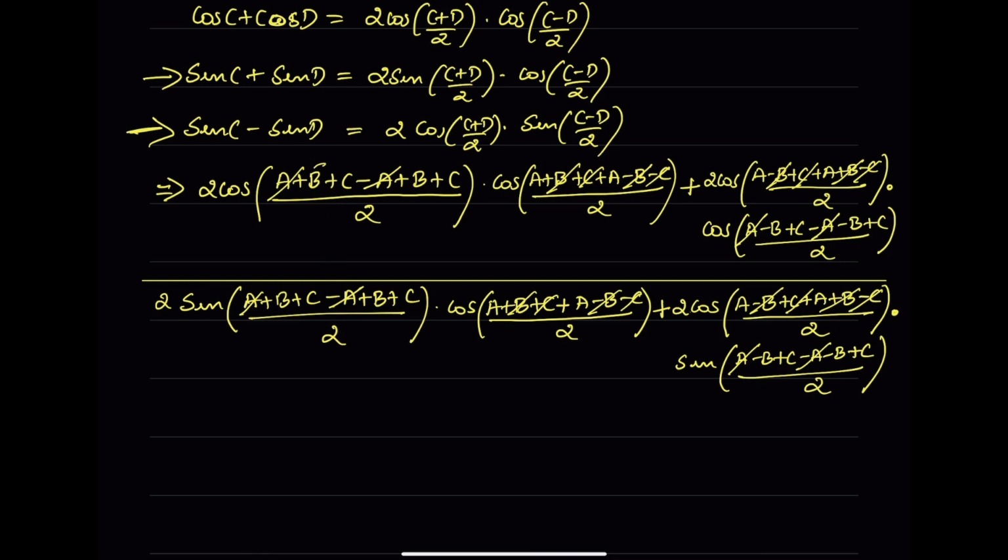There are two B's here, so 2B plus 2C by 2, and we can cancel out the 2's. All these 2's will get cancelled.